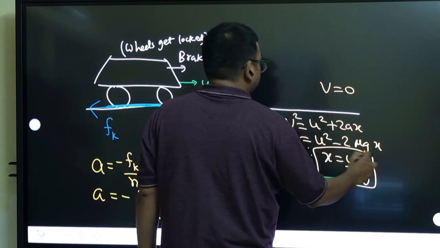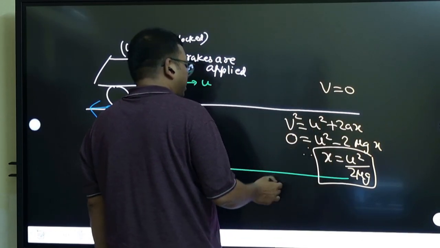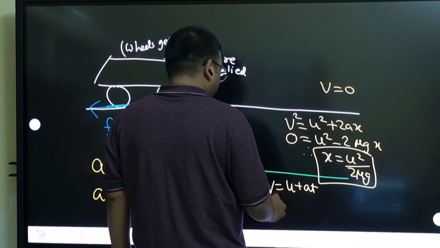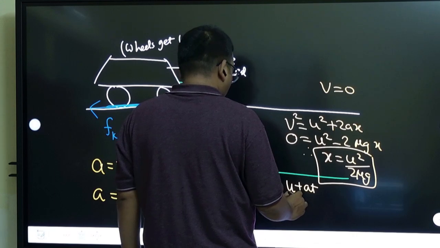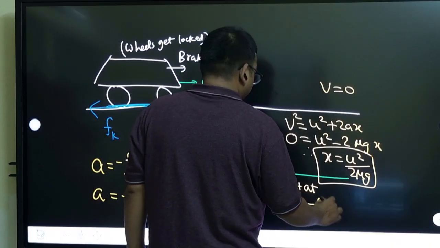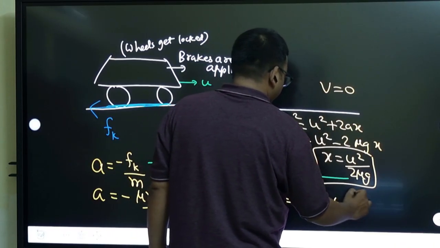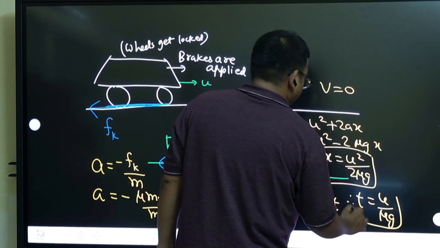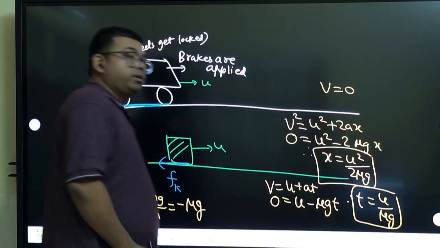Similarly, to calculate time to stop, v equal to u plus at. So 0 equals u minus mu g t. So the time when it will stop is u by mu g.